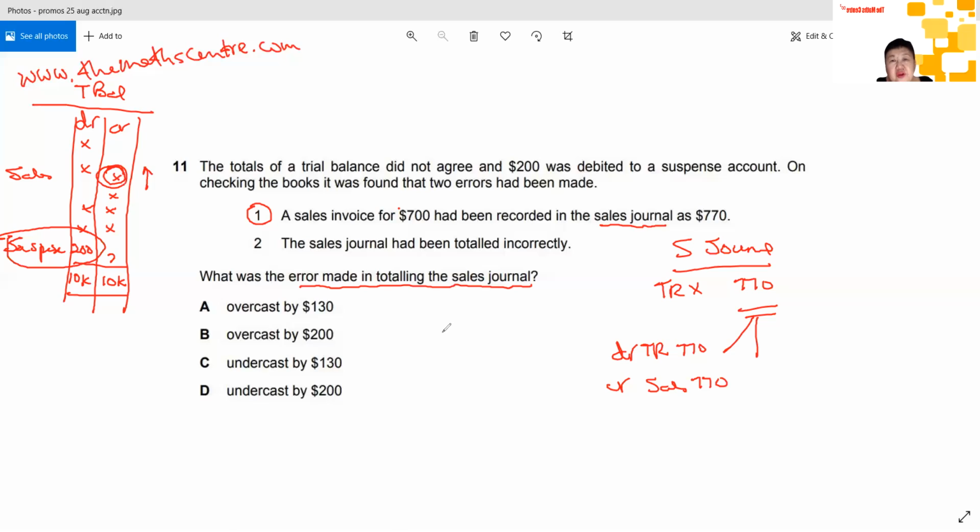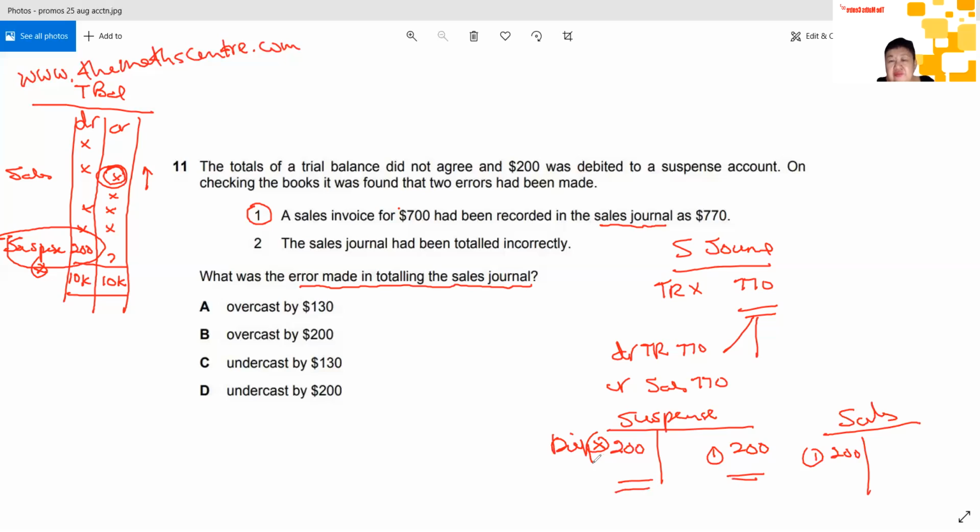I hope you understand what I'm trying to tell you. So I repeat, the suspense, which is a temporary account, you right now have a difference of 200, which is this one here, correct? So as a result, you are going to credit this 200. This is your correction, and you're going to debit your sales of 200. Hence, voila, your suspense will have no difference.